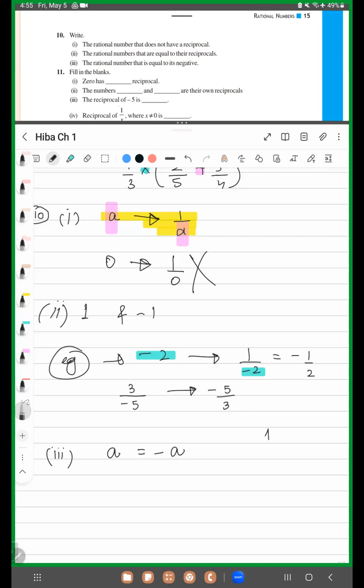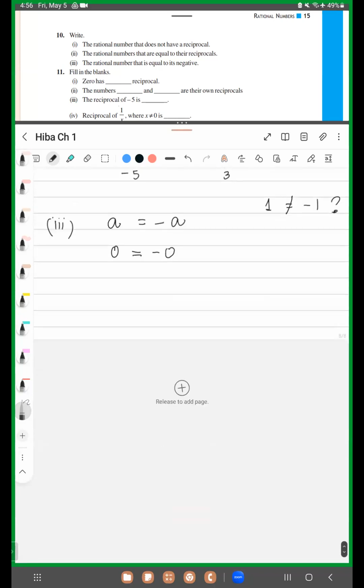Is 1 equal to minus 1? 0. Yeah, 0, because positive 0 and negative 0 is the same thing, right? When we write 0 on a number line, it has no negative sign.